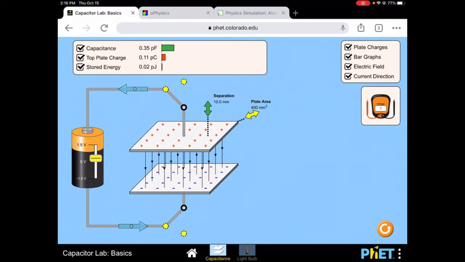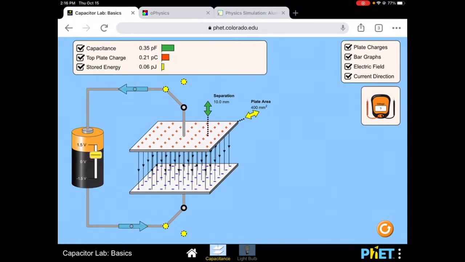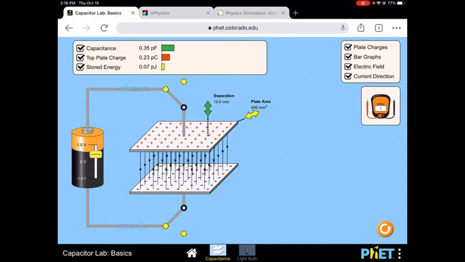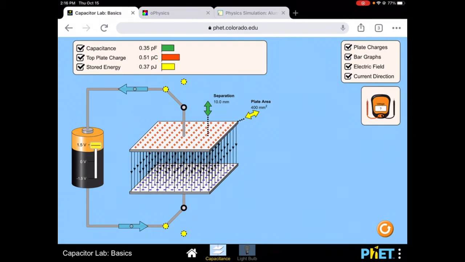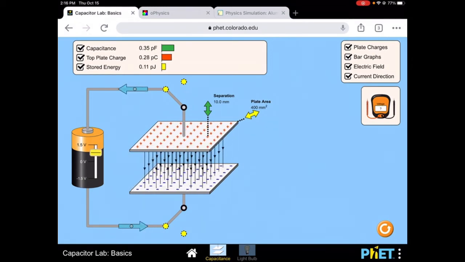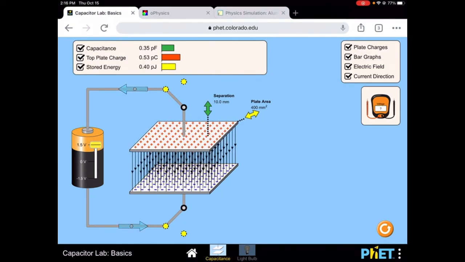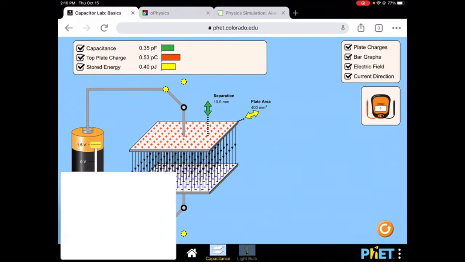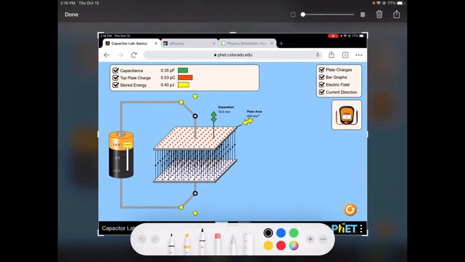I'll try to make the voltage about 0.75. Okay, so there's my voltage, 0.75, and now I'm going to double it. You can see how when I double the voltage, the charge doubles, and again, I'm looking at this.